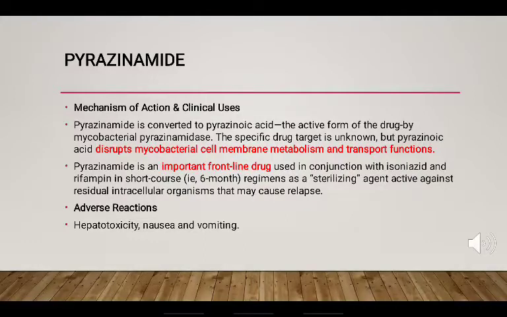Usually it is given in combination with isoniazide and rifampicin. Actually, this is the most common combination used for the treatment of tuberculosis, the three of them: isoniazide, rifampicin, and pyrazinamide, used for 6 months.